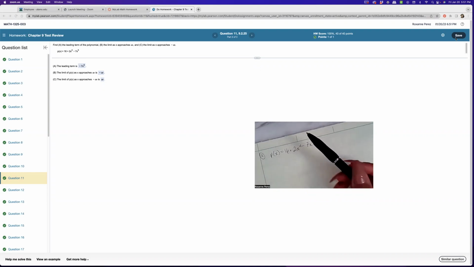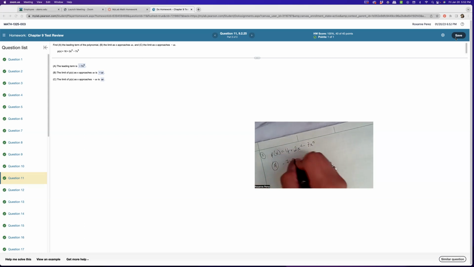So what you're looking for is the term with the highest degree exponent. 16 doesn't have any x terms. 2x to the fourth power, and minus 7x to the fifth power. This term has the highest degree, or the highest exponent, right? So our leading term is negative 7x to the fifth power.